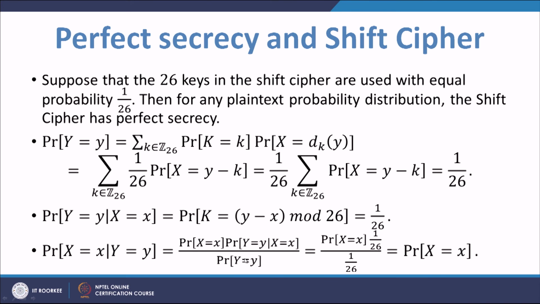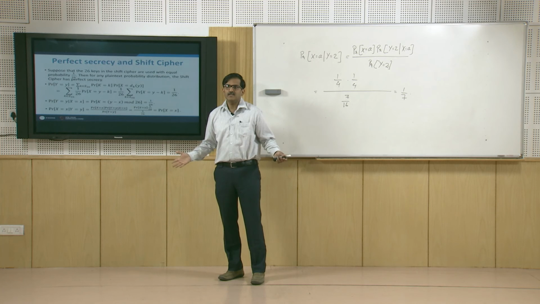We know probability of y equal to y is 1 by 26, and this is 1 by 26. So, we end up with probability of x equal to x. So, probability of x equal to x given y equal to small y equals probability of x equal to small x, and that is perfect secrecy.